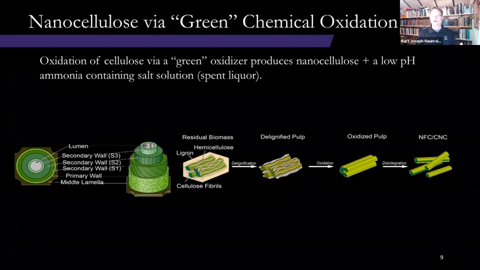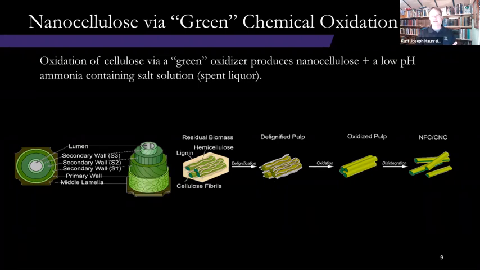All of these things occur at really low pH, right? So what does low pH do? Acid hydrolysis, right? It's going to attack your amorphous regions. When you're done with the chemistry in this lab, you'll end up with an ammonium-containing salt, your spent liquor. You might even smell a little ammonia left over.